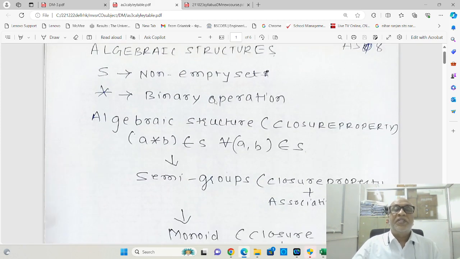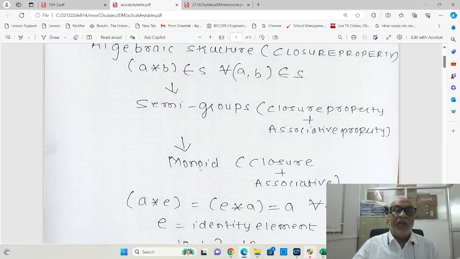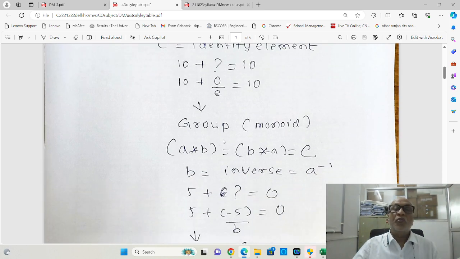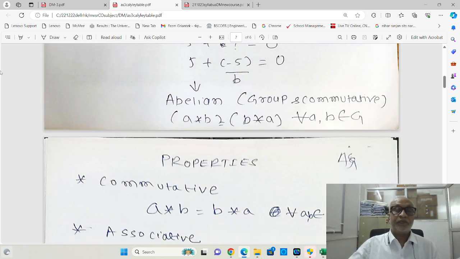If it is an algebraic structure, closure property, then check if it is a semigroup. Semigroup is an algebraic structure holding the associative property. Then check for monoid. Monoid is a semigroup with identity element. Then check group. Group is a monoid with the inverse property. Then check abelian. Abelian is a group with the commutative property.